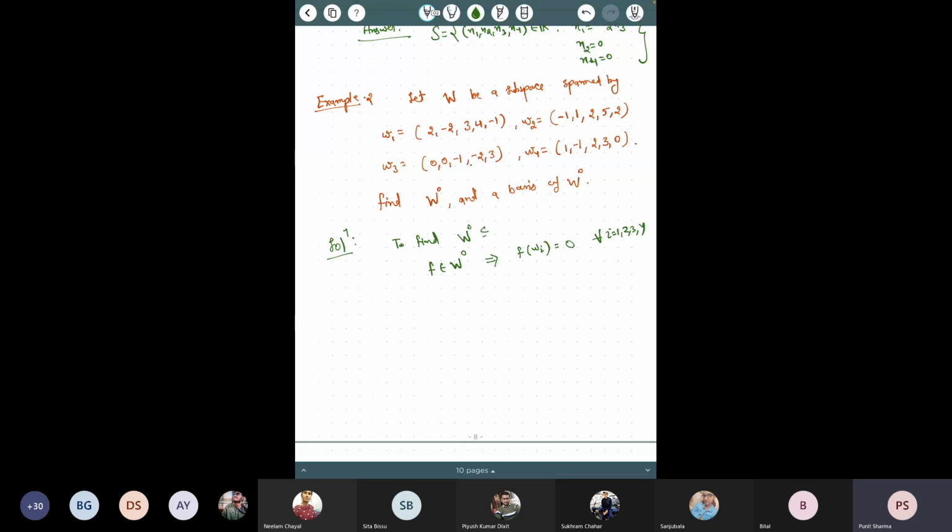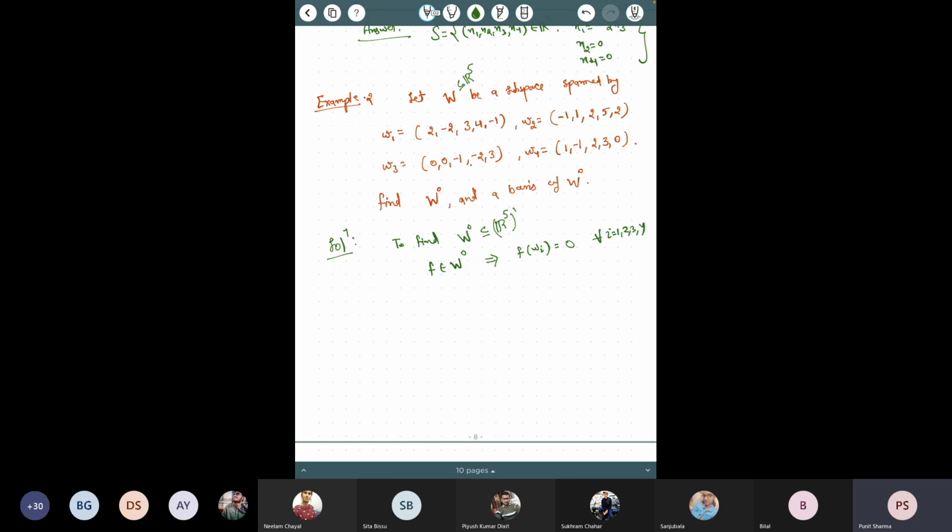W naught is basically a subset of the dual of R5. These vectors W1, W2, W3, W4 belong to R5, and therefore W naught is in R5 dash, the dual of R5.